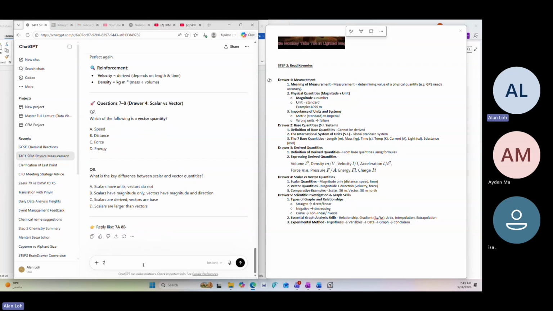Okay, next set, 7 and 8. Drawer 4, vector quantity. What is vector? Right, remember the story? Magnet and compass. C from Aiden.